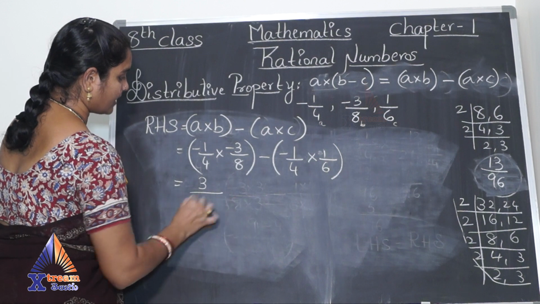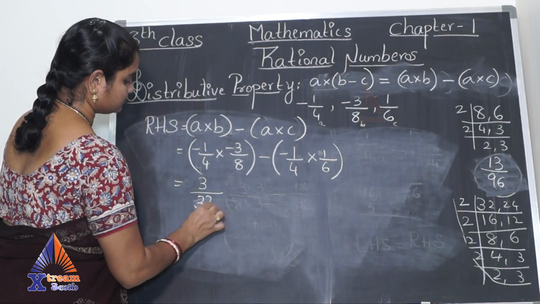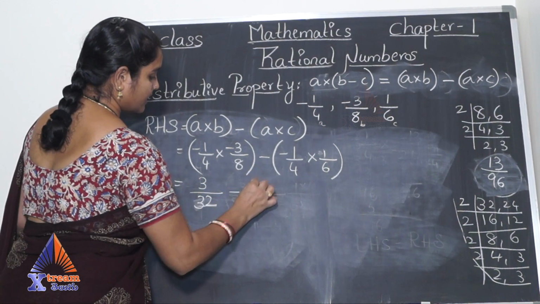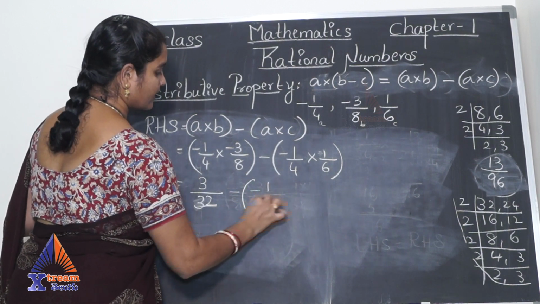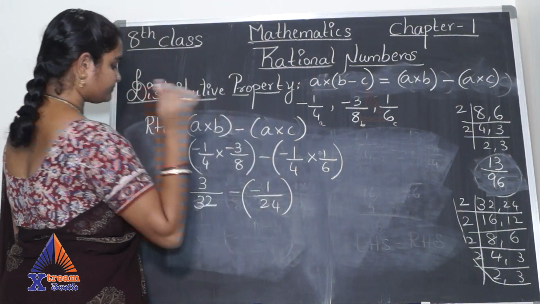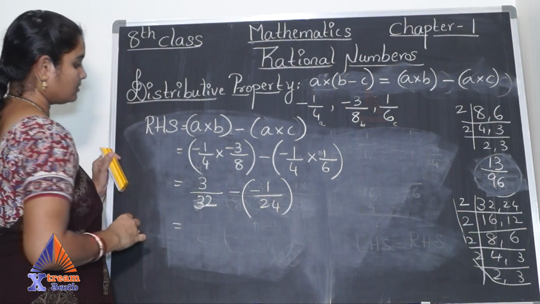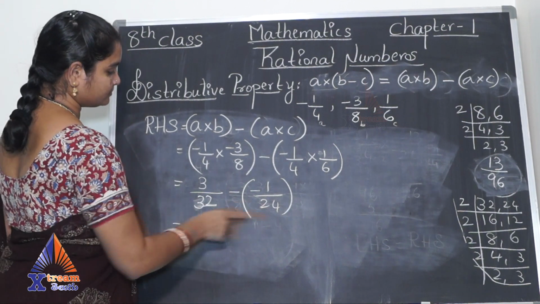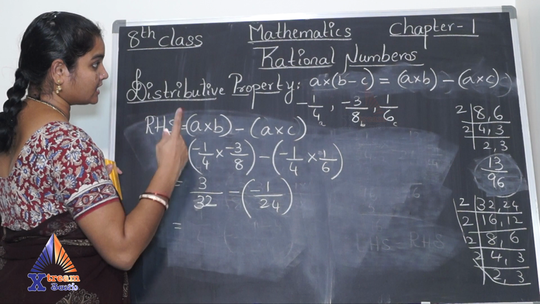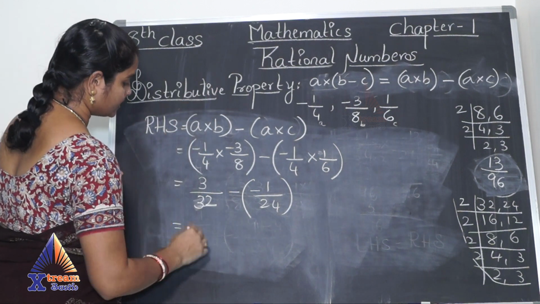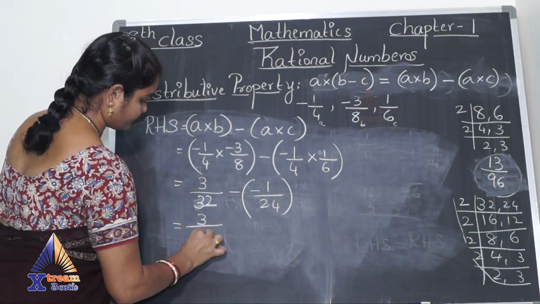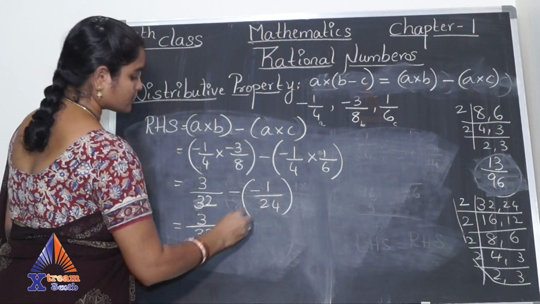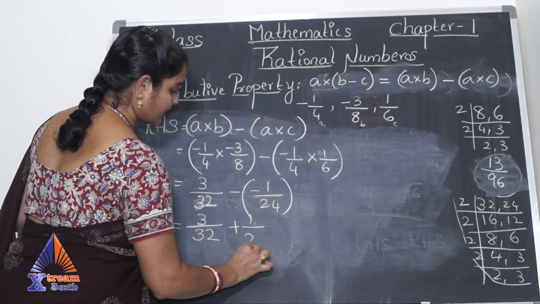This becomes 3 by 32. Minus of minus 1 by 24. Don't you feel like deja vu? We have similar kind of fractions in the distributive property of multiplication over addition. Minus of minus gives us plus, which is 1 by 24.